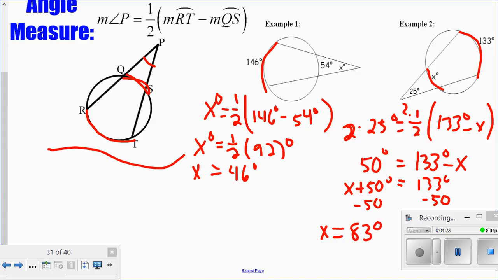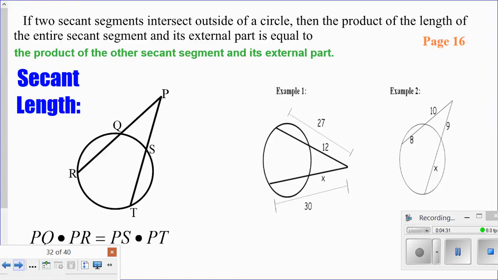So x measures, the arc there measures 83 degrees. Okay, so that was 2 secants intersecting, and we were looking at the angle measure. Now let's take a look at the segment length.